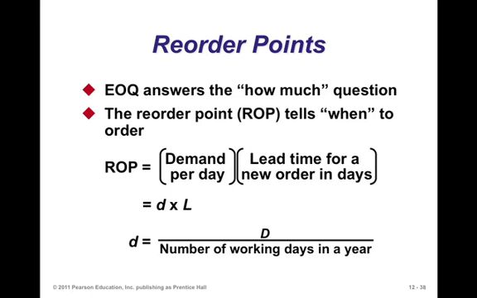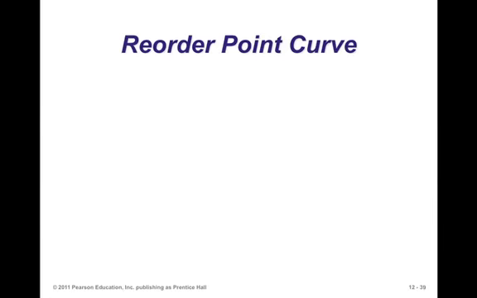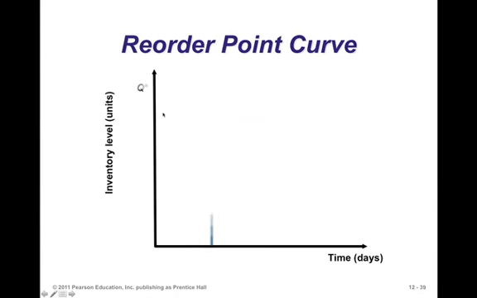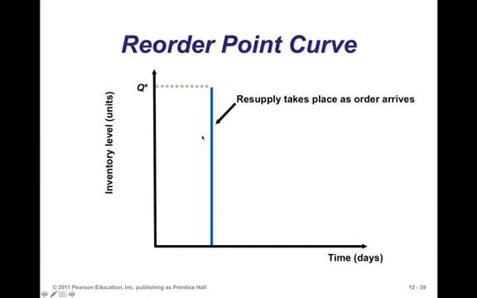You have the 5 days that will be covered by 50 units per day. And then when the order arrives, your inventory gets replenished. When it gets back down again to 250 units, you place the next order and the cycle repeats itself. All right? And that's a fairly straightforward calculation that can be done.